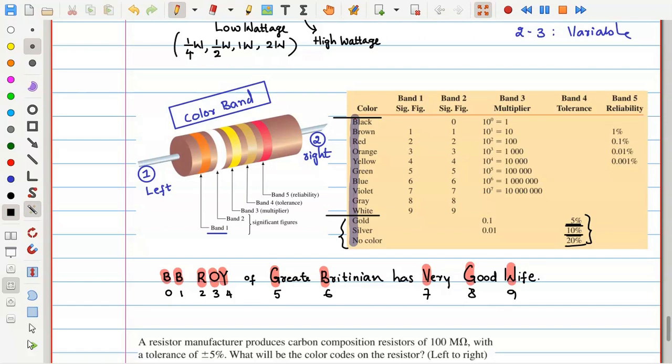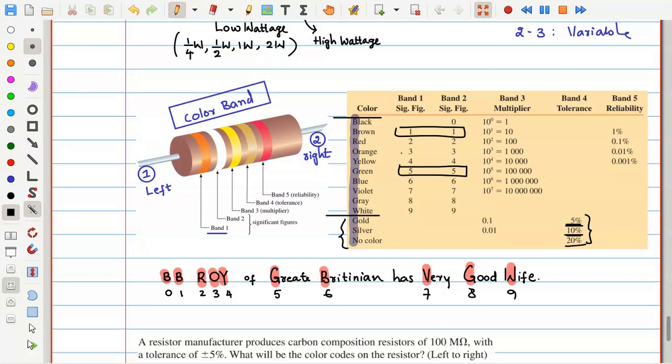And remember one more point, first is black followed by brown. Whether these colors are in significant figure band 1 or band 2 doesn't matter. Wherever we see brown, band 1 or band 2, it is number 1. Wherever we see green, it corresponds to 5. Like that, these colors have their own numbering.